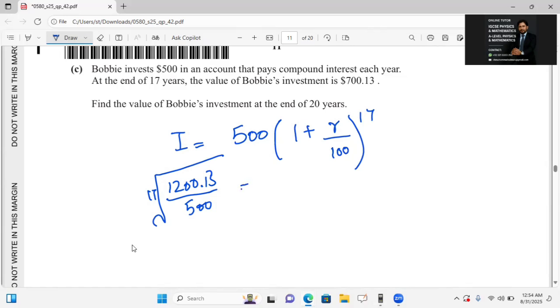Then I subtract 1 and multiply by 100. Then it will give me the rate.